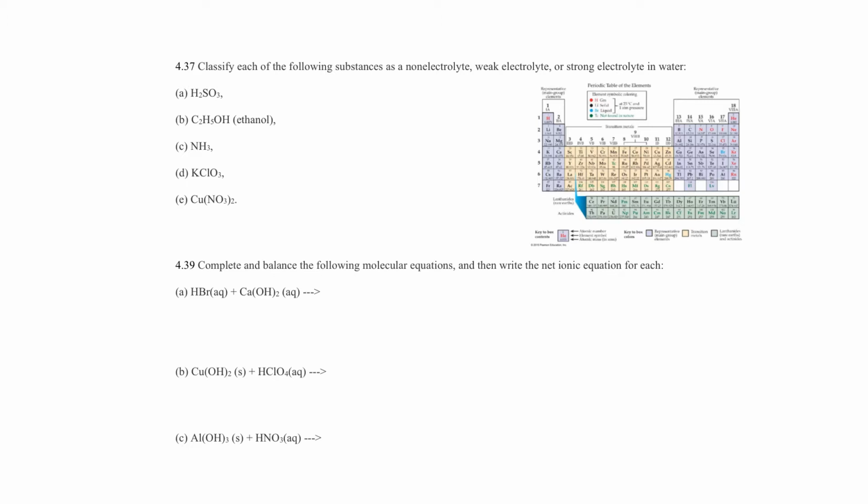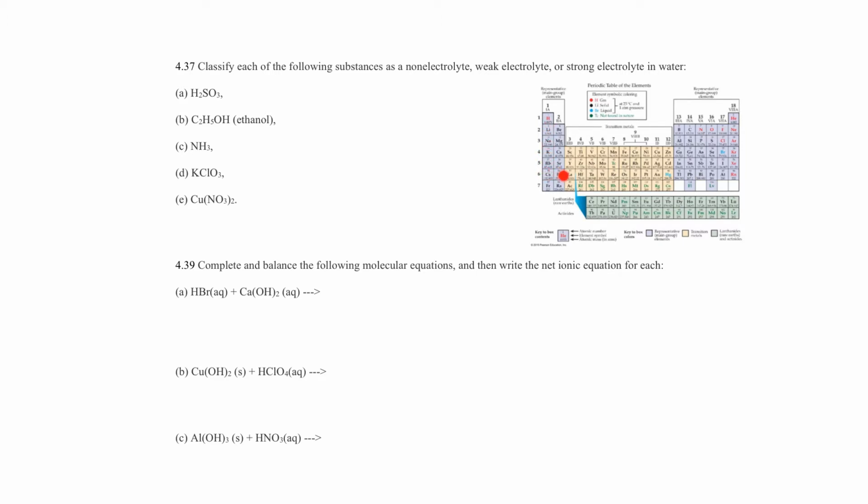Okay, so let's look first of all at the bases. The bases are hydroxides, OHs, of these guys. It starts off with lithium, sodium, potassium, rubidium, cesium. So 1, 2, 3, 4, 5.